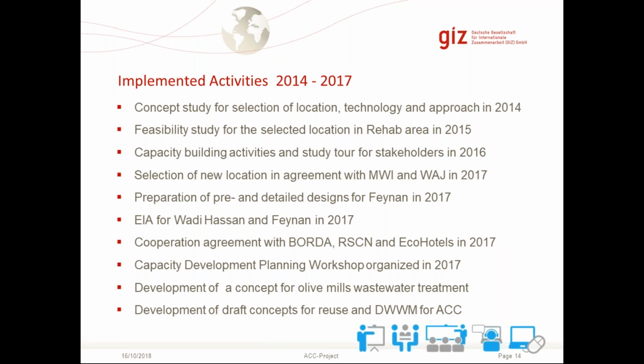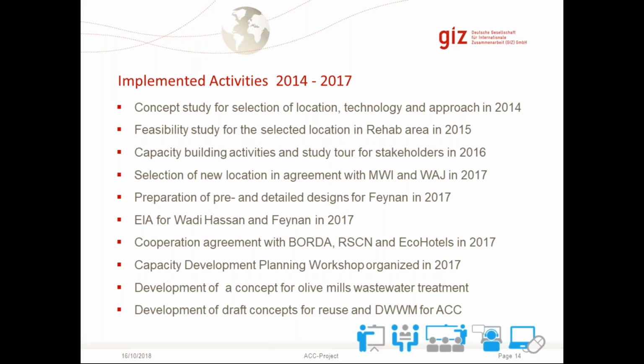We did a lot of activities regarding capacity development for our stakeholders, especially from the Ministry of Water and Irrigation and WAJ. We started in 2017 with these newly selected areas in Wadi Hassan and Finan. And for that, we did environmental impact assessment activities, and a cooperation agreement, which was signed between us and our partners, BORDA, RSCN, and EcoHotel.